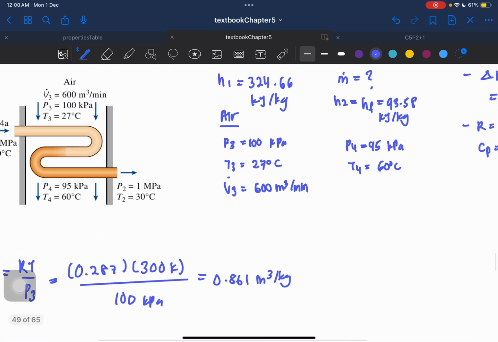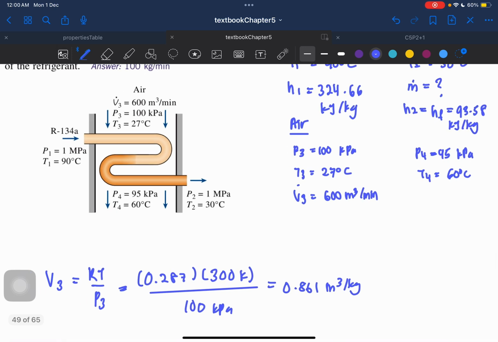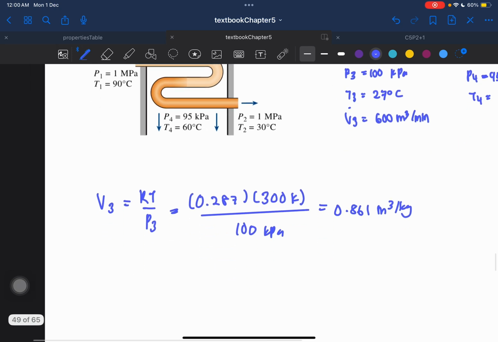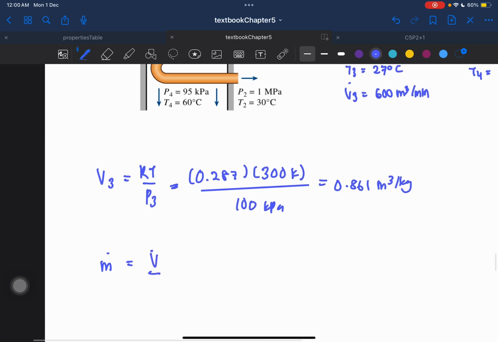And because we already got the specific volume, we can find the mass flow rate for air.